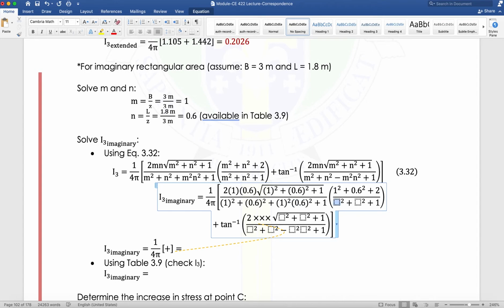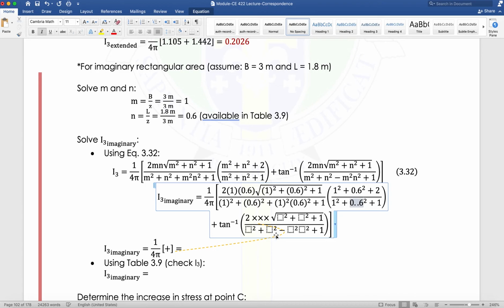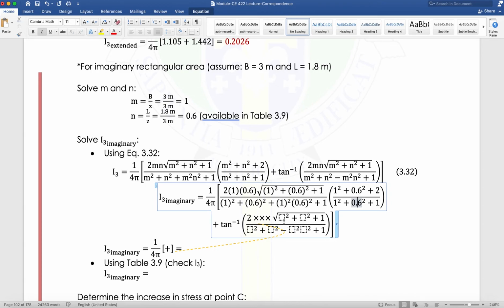So, 1 squared, then 0.6 squared, then we have 2 times 1 times 0.6, 1 plus, not 2.6, 0.6 squared.